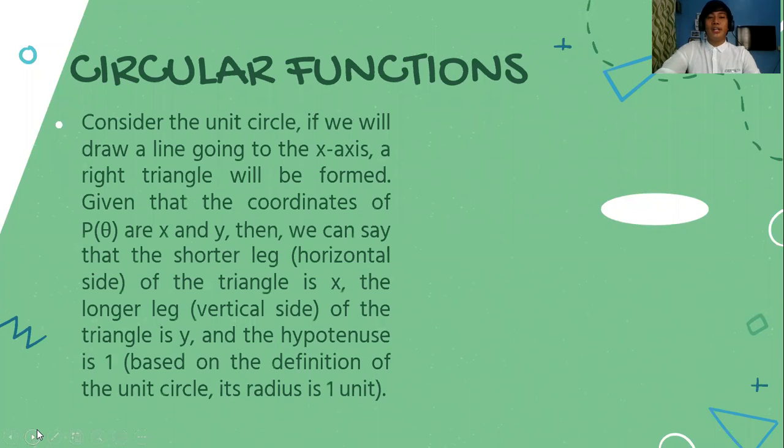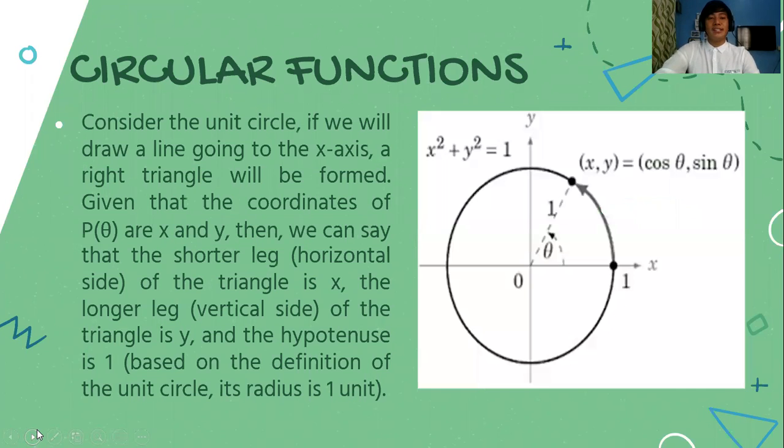Consider a unit circle drawn, and we draw a line going to the x-axis. A right triangle will be formed. So observe the given right triangle. Okay, did you see it?